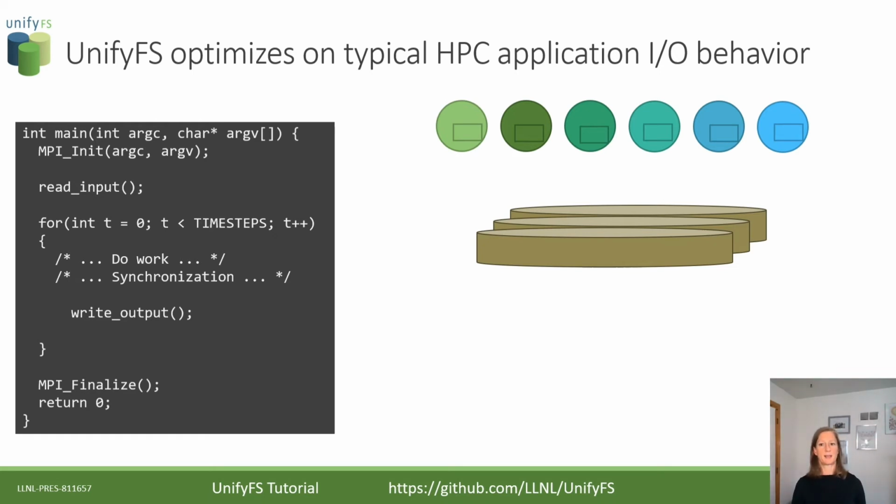In each time step, the application does some simulation work, communication and synchronization, and then writes some output. This could be visualization files or a checkpoint or whatever. On the right-hand side, the circles here represent compute nodes, and the little squares in the circles represent data from the processes on those compute nodes, and then the cylinders at the bottom are the parallel file system.